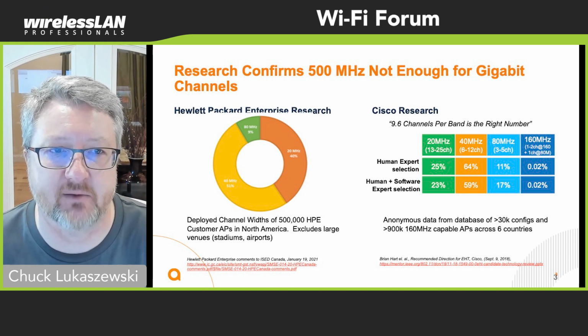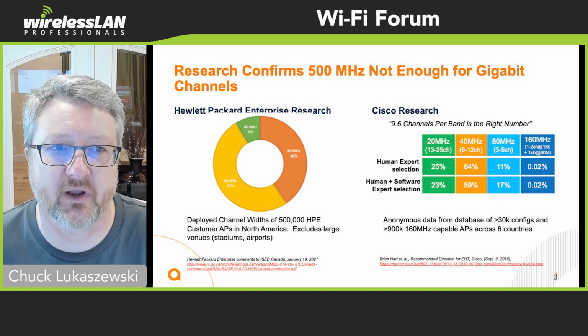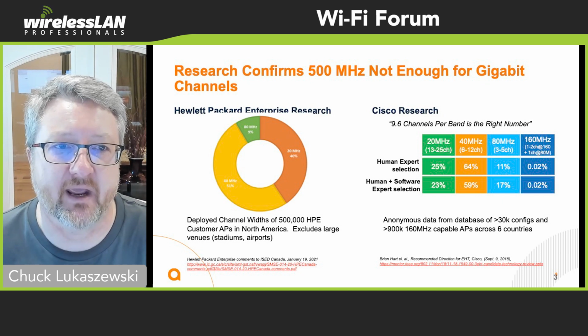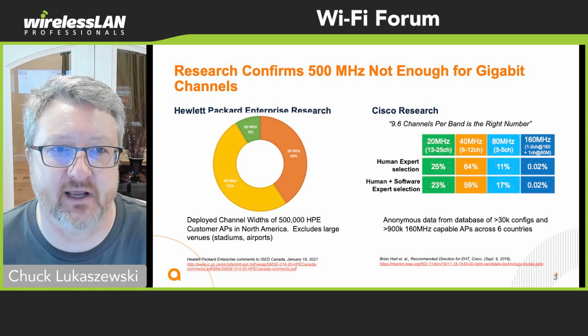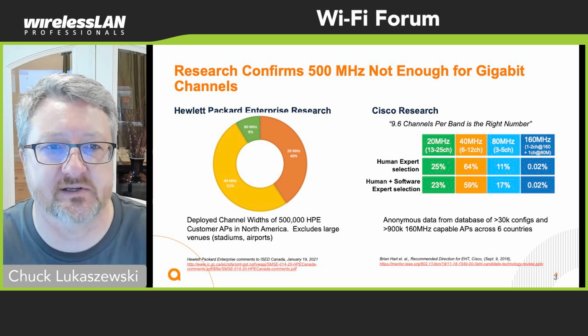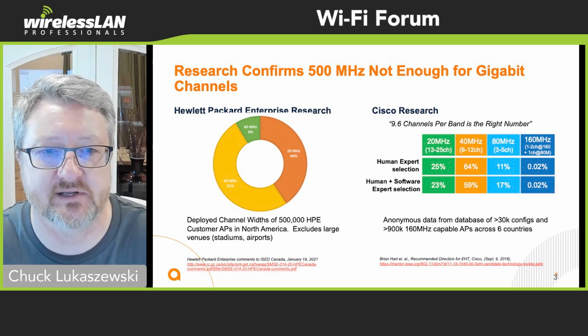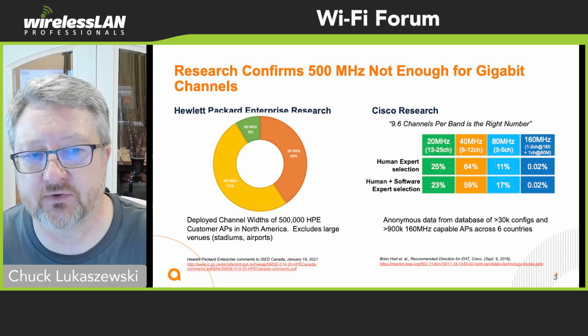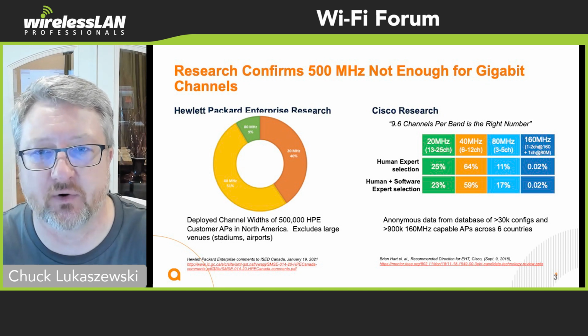I asked the Central team, how widespread are 80 megahertz channels today? You can see the result. It's 9% of our North American customers on Central, about half the users are on 40 megahertz, and 40% on 20 megahertz. This data does not include any large venues. It does include some universities, but no airports.